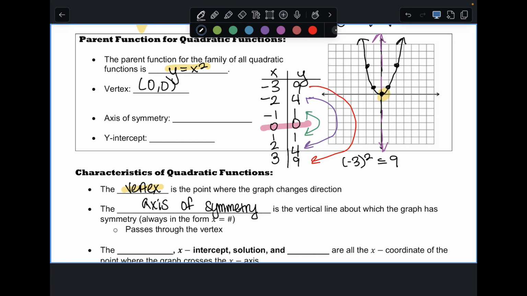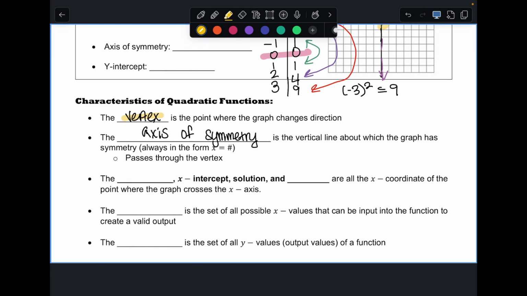And since it's a vertical line, what is that graph line equation going to look like? If it's vertical, I'm going to have x equals a number. So anytime you are writing an axis of symmetry, it should always be x equals a number.